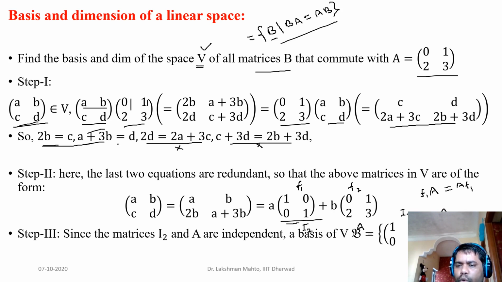These two matrices form a basis of the collection of all 2 by 2 matrices which commute with A. So you got the basis.